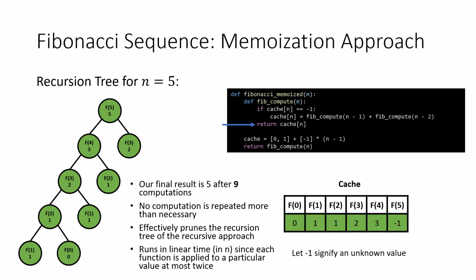By doing memoization, we pruned this f of 2 such that we don't need to do f of 1 and f of 0. We pruned the f of 3, where we don't need to do f of 2, f of 1, and the f of 2 wouldn't need to do f of 1 and f of 0, and so on. We pruned those aspects of the recursion version of the tree.